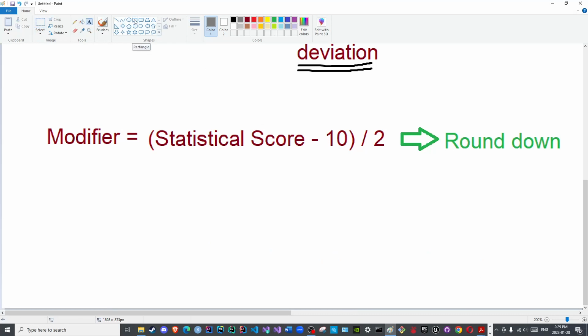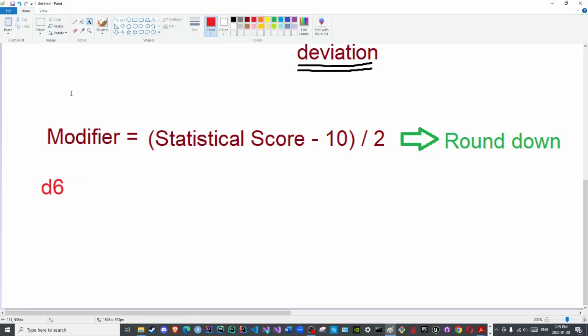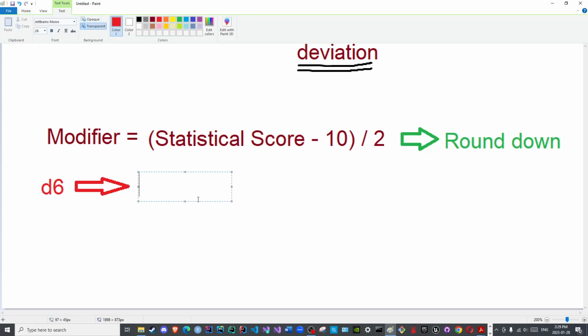What does the rolling system entail? Well, quite simply, you roll what is known as a D6, as in a die with 6 sides. And you roll a total of 4 of these. 4 dice.